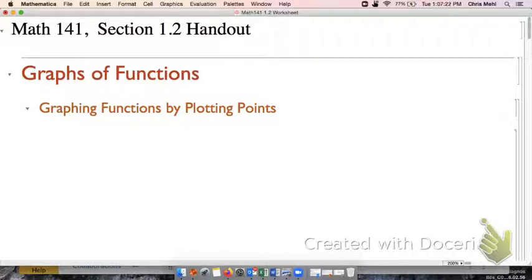Today I'll be going over section 1.2 in the textbook. The section is entitled Graphs of Functions, but this section also covers graphs of curves, talking about symmetries amongst those curves. So there's two approaches to this section.